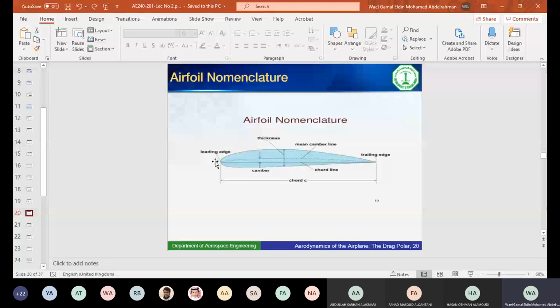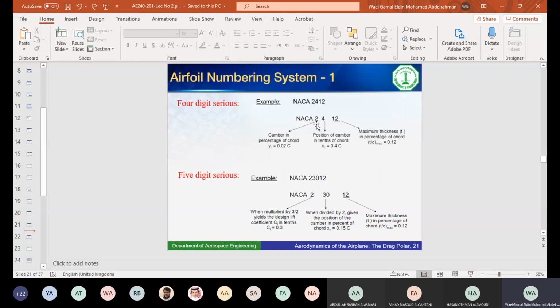If I have another member of the family, instead of 2, I have 5, it means this distance is 5%. That means the airfoil will be curved more. So the first number is the camber. The last 2 numbers represent the thickness ratio. So the thickness ratio is 12%. The camber is just 2%.